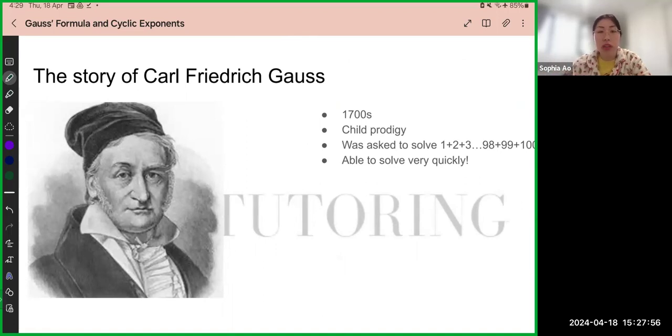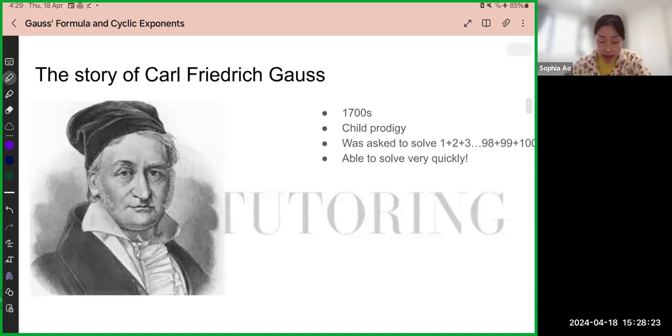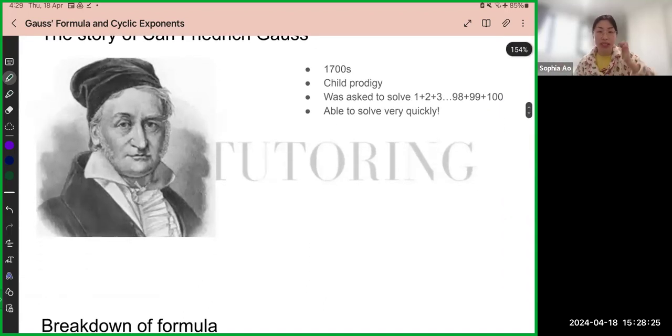The little story that goes alongside Gauss's formula is that his maths teacher had asked the class to solve 1 plus 2 plus 3 all the way up until plus 98, plus 99, plus 100 as a bit of a busy work kind of task. But Friedrich Gauss, because he is a child prodigy, he's a genius, he was able to solve the question very quickly without having to do very much manual work at all. So we'll now take a look at how he managed to achieve such a feat.